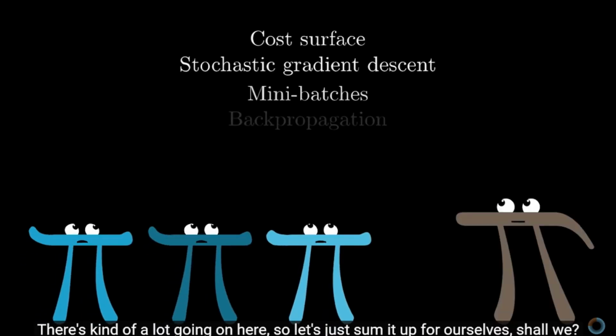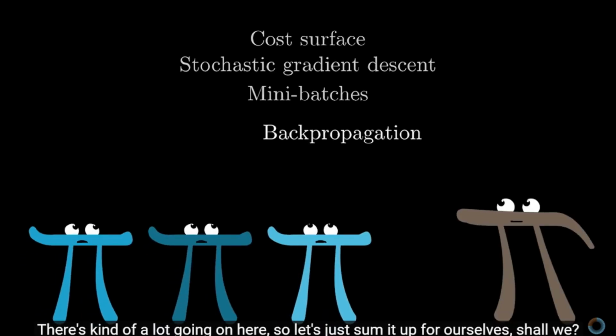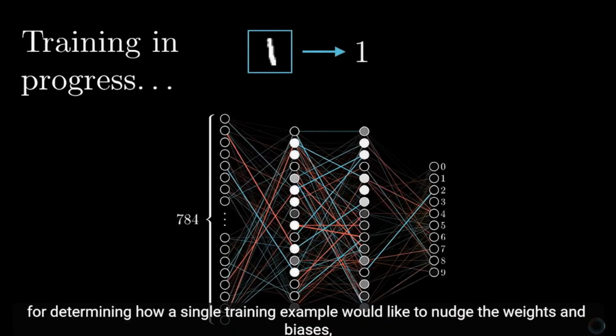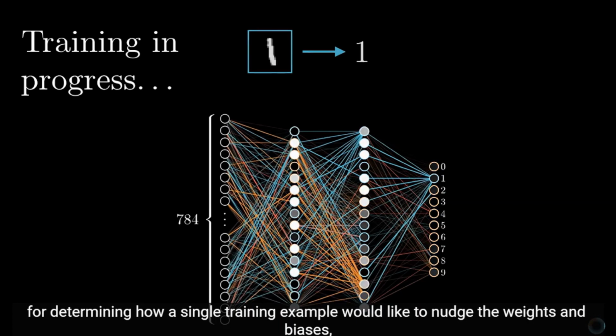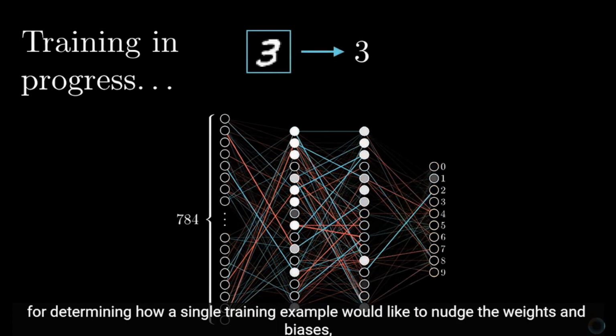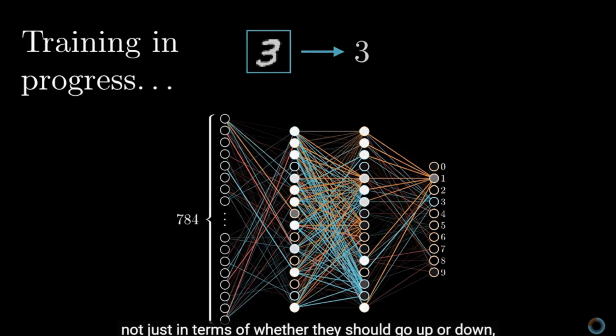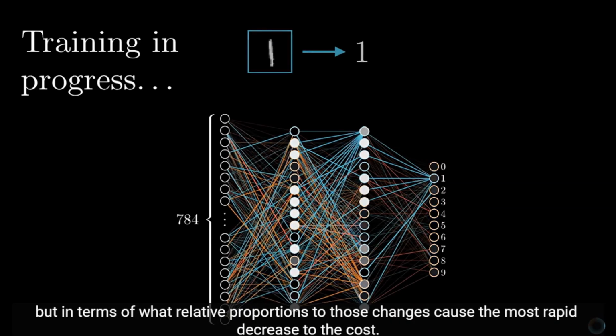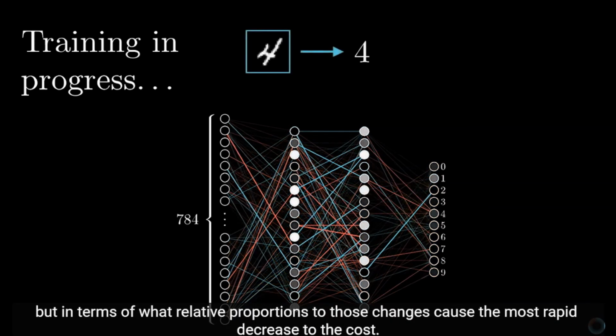There's kind of a lot going on here, so let's just sum it up for ourselves, shall we? Backpropagation is the algorithm for determining how a single training example would like to nudge the weights and biases, not just in terms of whether they should go up or down, but in terms of what relative proportions to those changes cause the most rapid decrease to the cost.